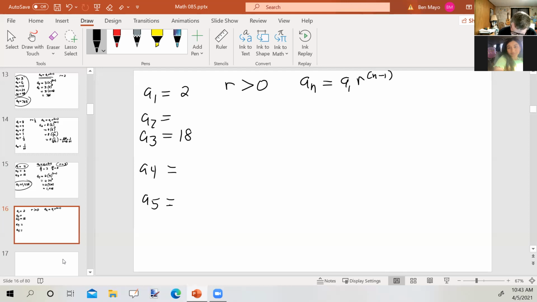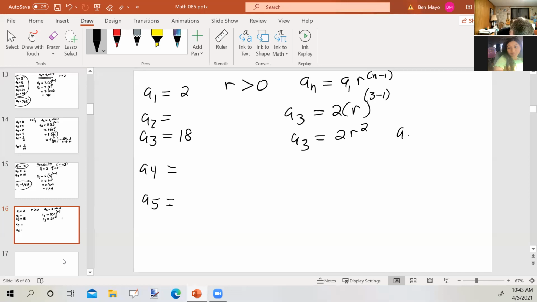But we could do this. And this is kind of what I was thinking we were getting into earlier that we did on Friday. A sub 3 equals a sub 1, which is 2, times r, we don't know what r is, but to the 3 minus 1 power, which is 2r squared. Okay? Any questions how I got that?